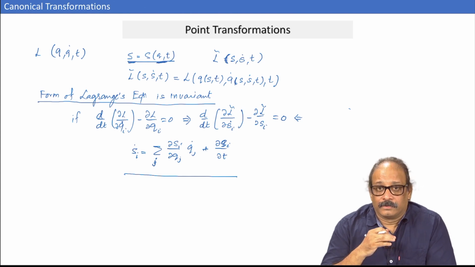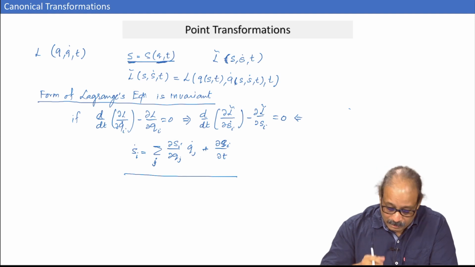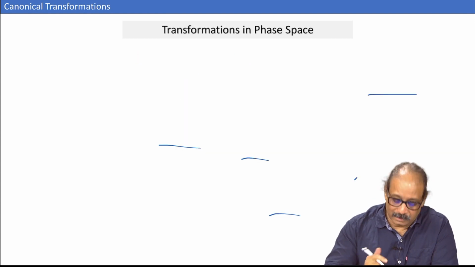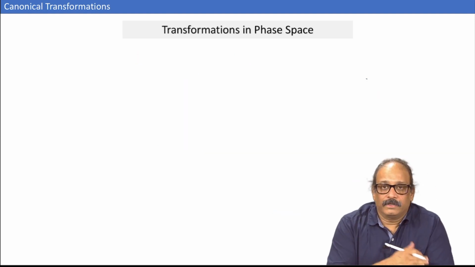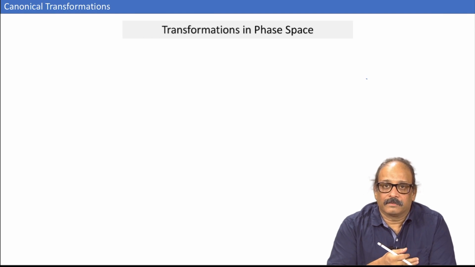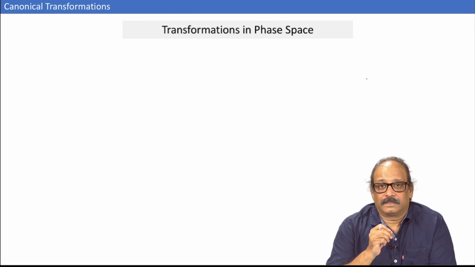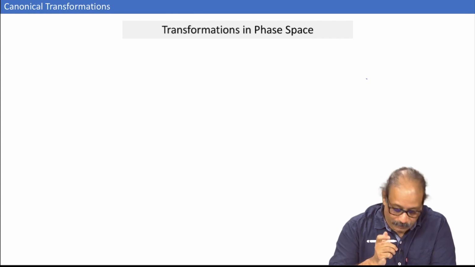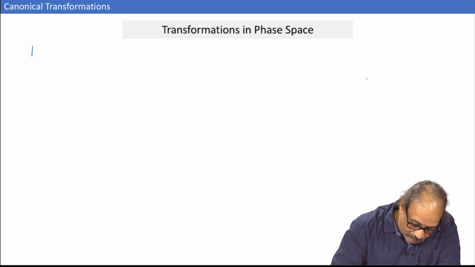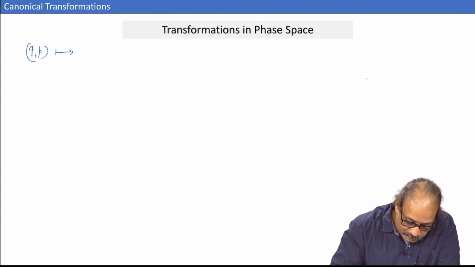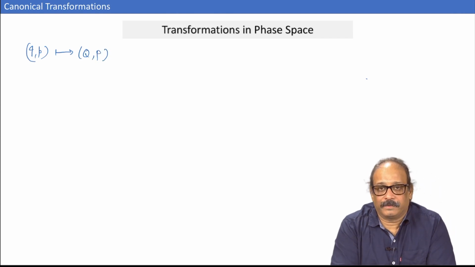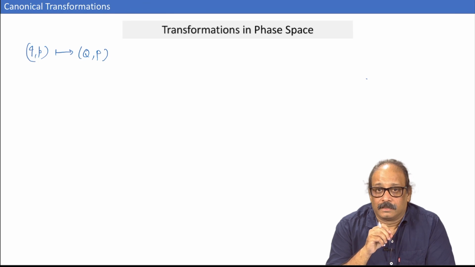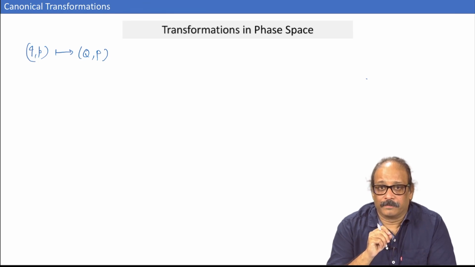Okay. Now, when you go to phase space, the transformations in phase space, remember there are 2n variables there, which means I have q and p, and all these now can change to capital Q and capital P. Now, this poses a little bit of complication.